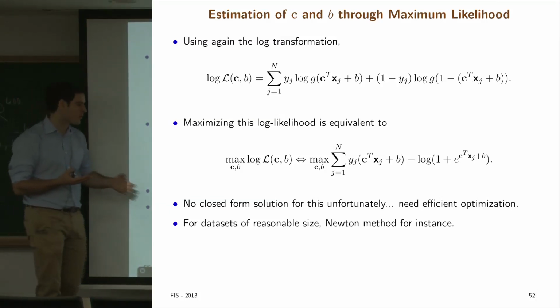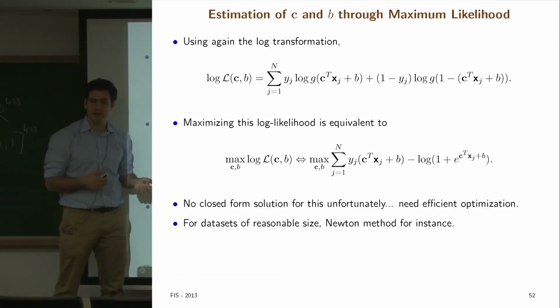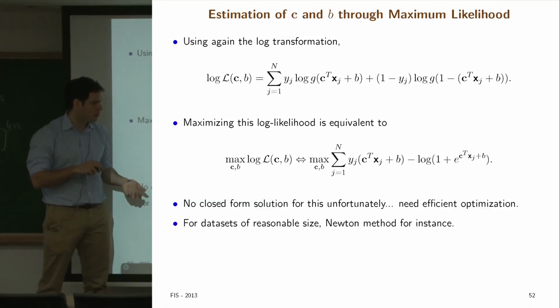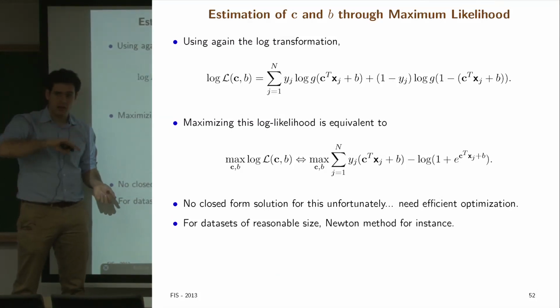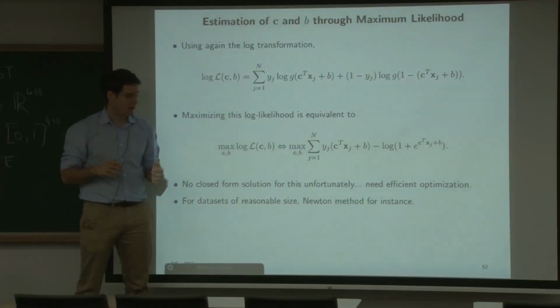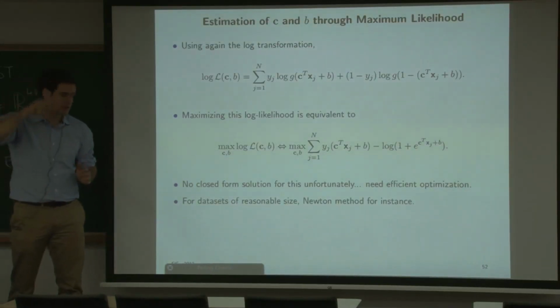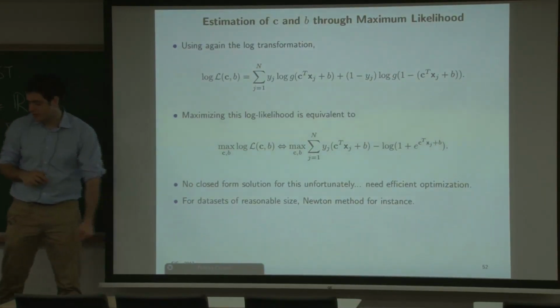Unfortunately, there's no closed form solution for this. We actually need to run an optimization algorithm that will look for values C and B which maximize this. You can prove that this is a concave function that has this bell shape in many dimensions, and so you can try to find the top. There are many methods that work for this.